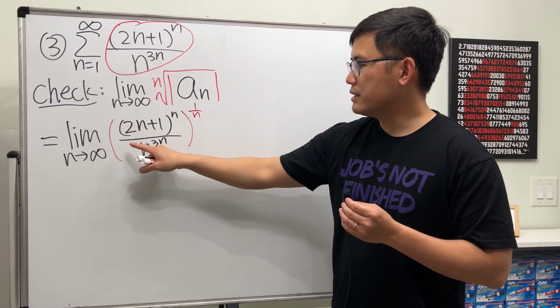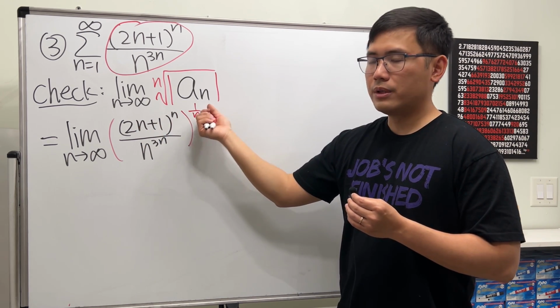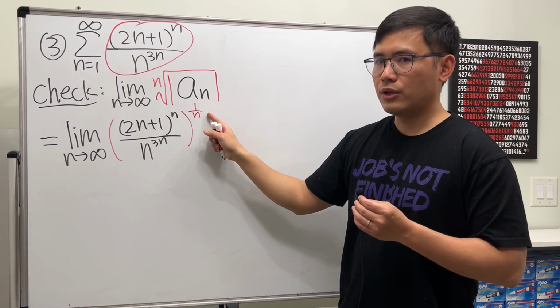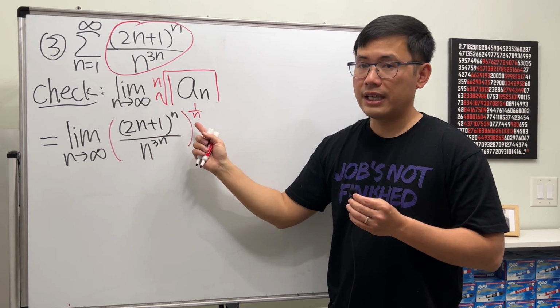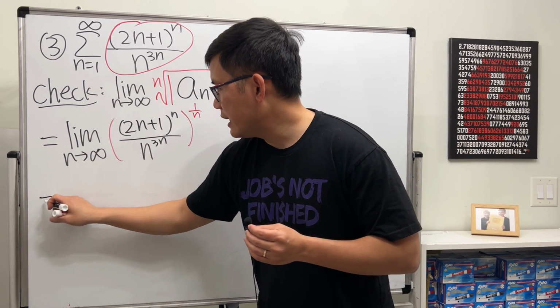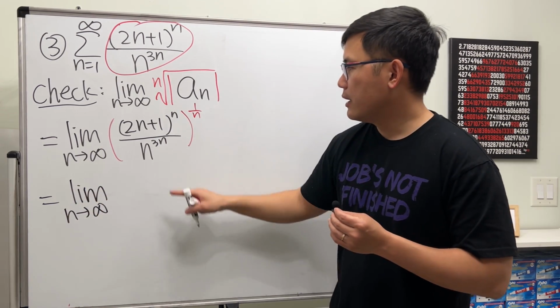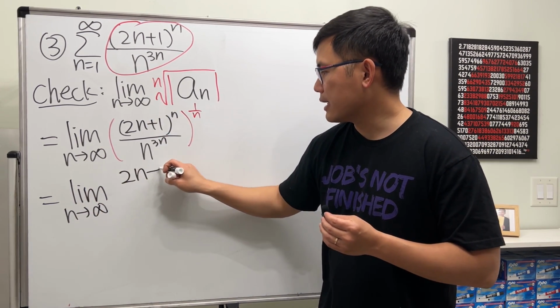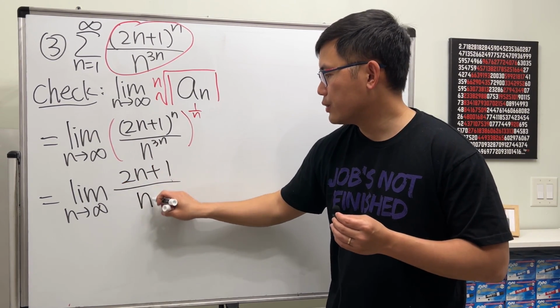Now, because we have this over that, when we do this power to that power, n and 1 over n cancel. Likewise, when we do this to that power, n and 1 over n cancel. So we are looking at the limit as n goes to infinity. Here is just 2n plus 1 on the top. On the bottom, it's just n to the third power.